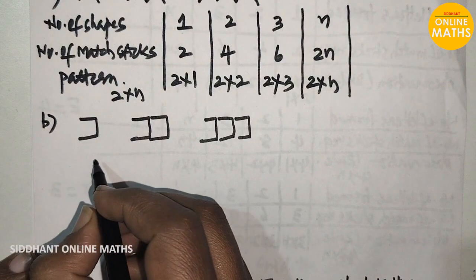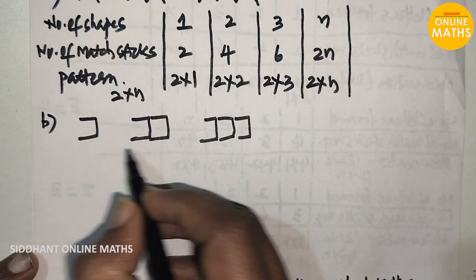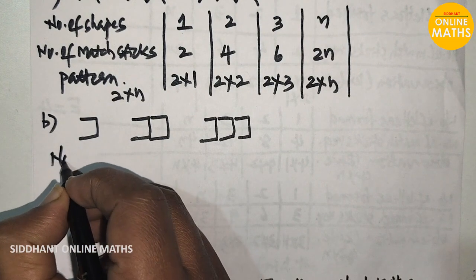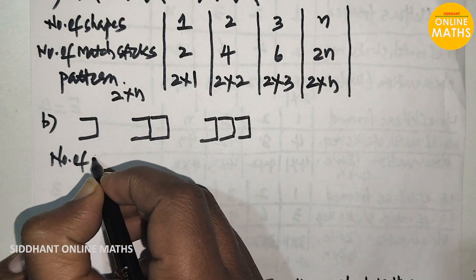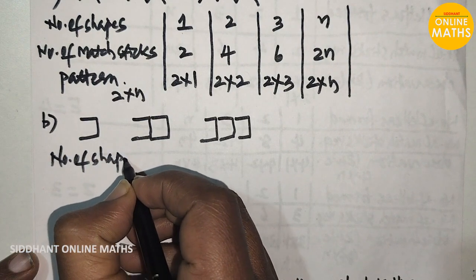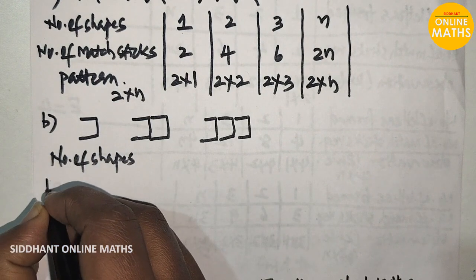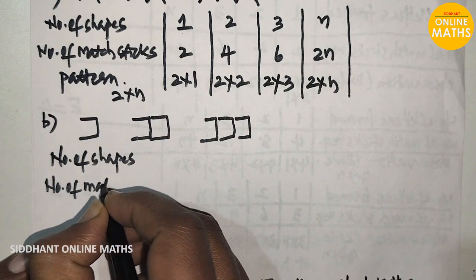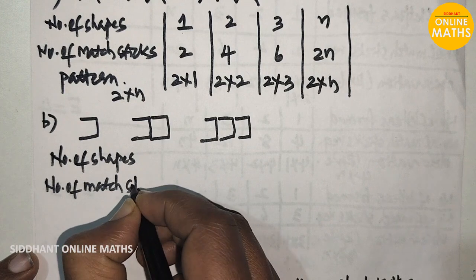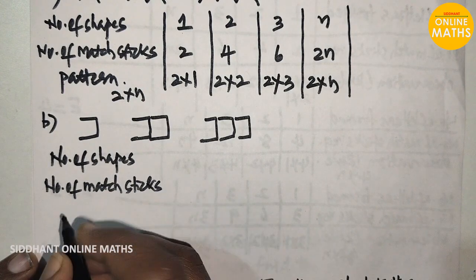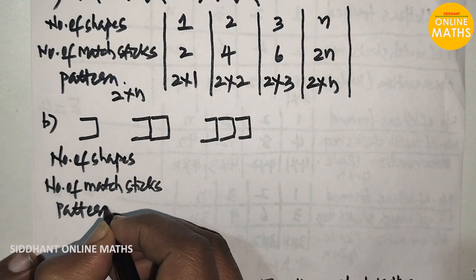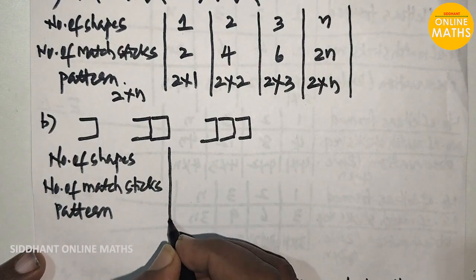So B question, here we are going to see the shapes here. Here the number of matchsticks required, first number of shapes, next number of matchsticks, next pattern.